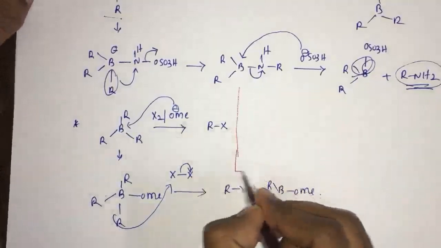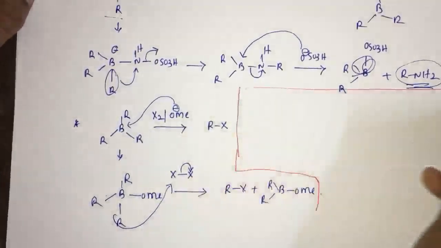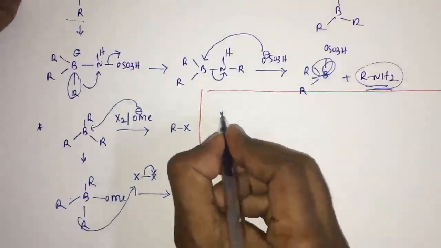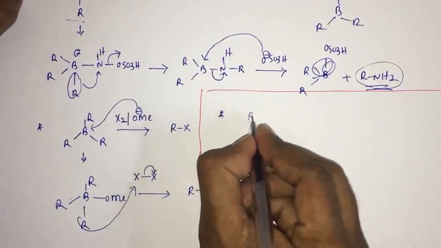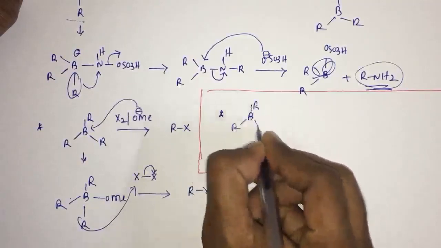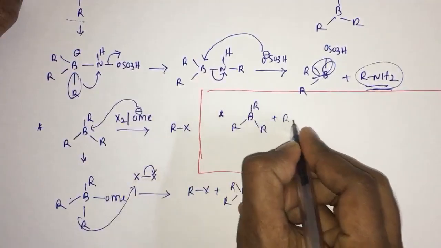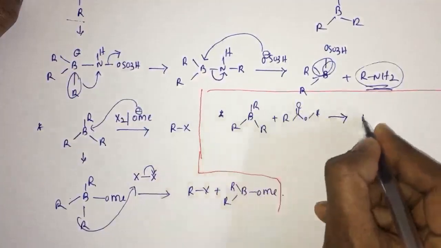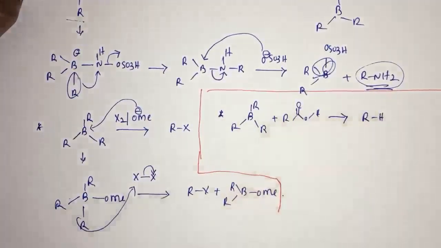Like this we'll get alkyl chlorides. Next, the last example: when we treat alkyl boranes with carboxylic acids, here we'll get hydrocarbons.